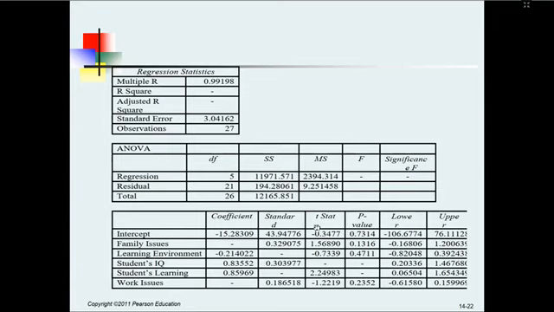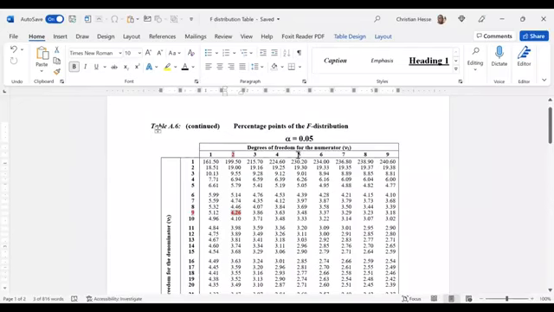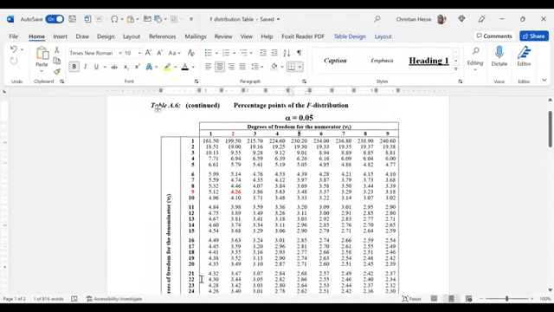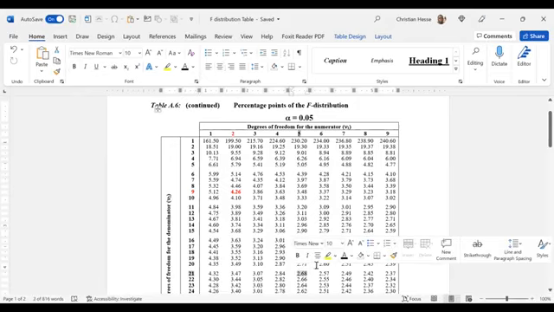So what will be the critical value from the F distribution table? You read 5 and 21. 5 is here, then 21 is here. So what's the value? 2.68.